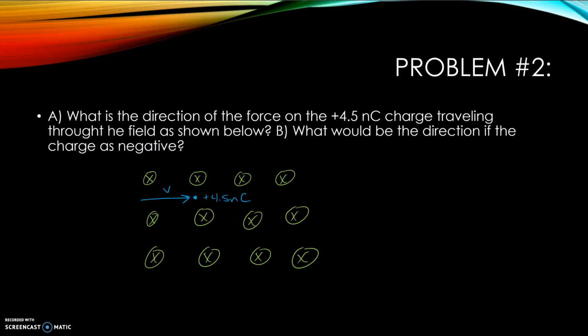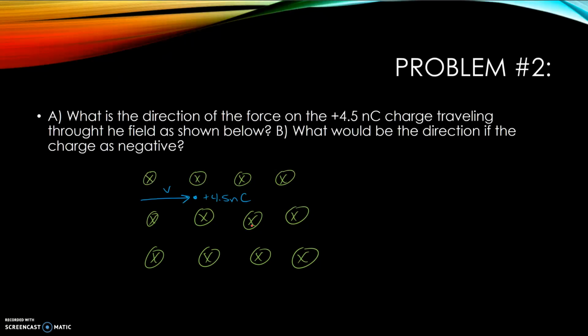All right, problem 2, same deal, except this time I'm not going to ask you to solve for a number. I'm going to ask you to tell me a direction. The first thing is, what's the direction of the force on this 4.5 nanocoulomb charge as it's traveling through the field shown? Remember, these X's indicate the field's going down into the screen, towards the table, depending on how you're looking at this.